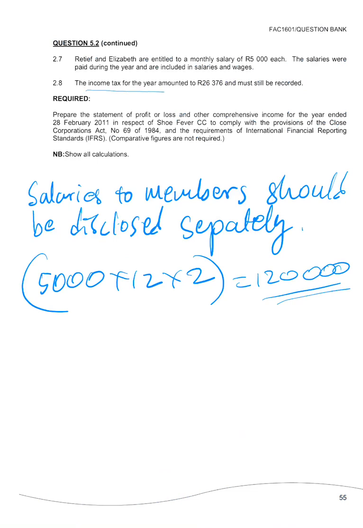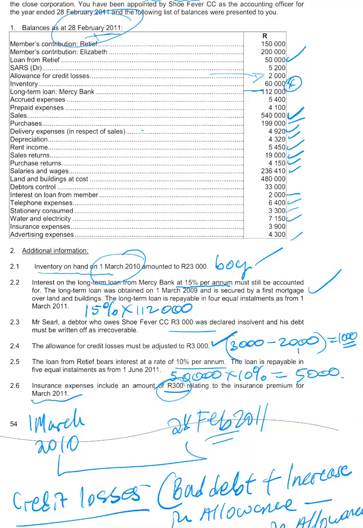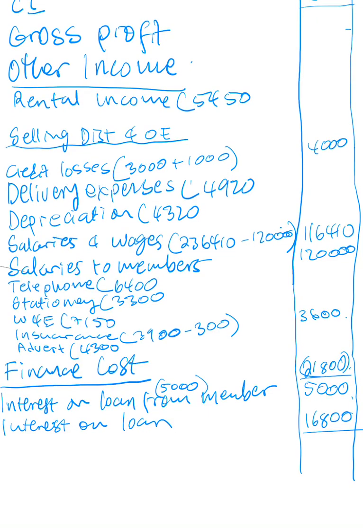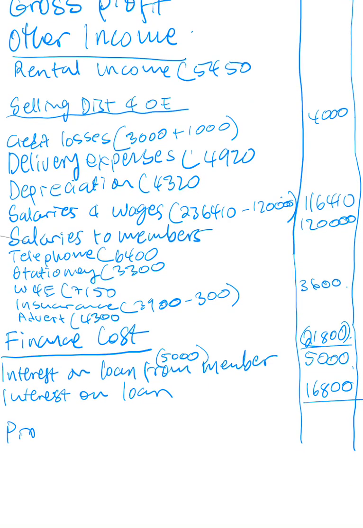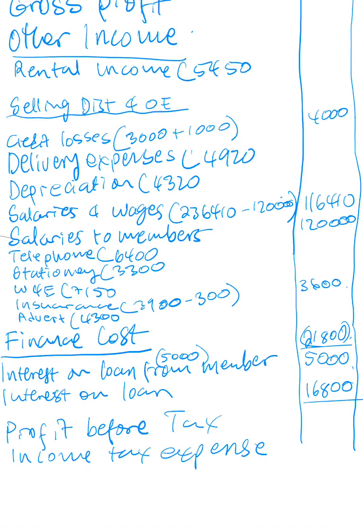The income tax for the year amounted to 26. So there's no adjustment. They told us that the tax for the year is 26,000. So we are going to be having our profit before tax. Then we have our income tax expense, which they said is equal to 26,376.